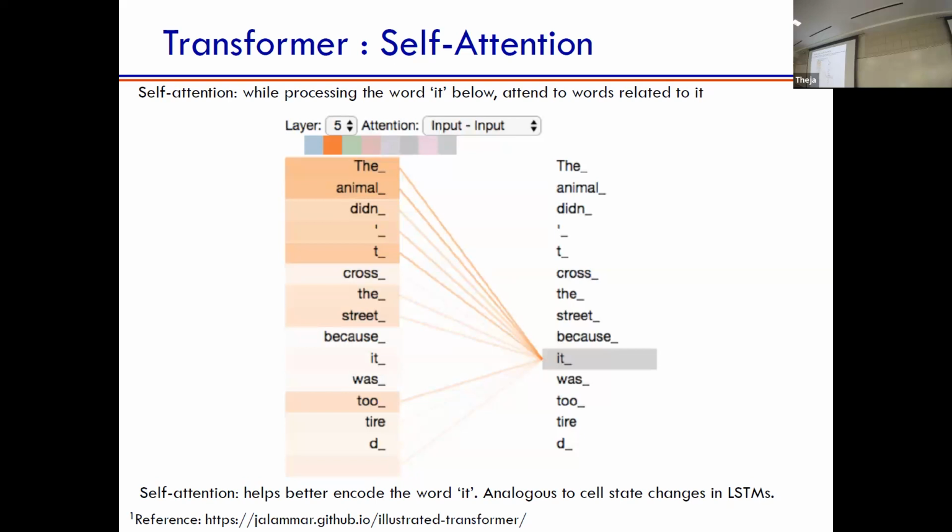Now, qualitatively, what I'm trying to say is that if you just do word to vec, there will be some fixed embedding for it, and that's it. It doesn't matter which sentence the word it comes in. But here, the embedding for it changes based on the sentence around it. So the embedding for it may be closer to the embedding for the word animal because of the self-attention process, for example.